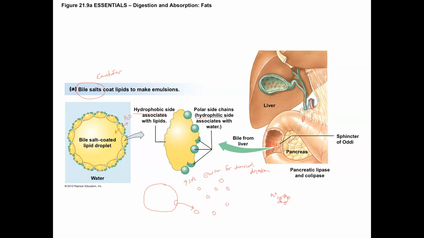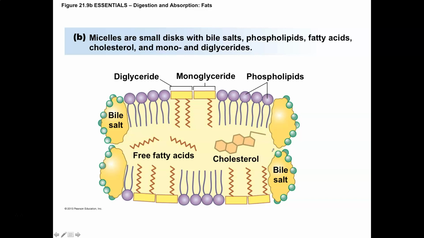And so what are we creating? Essentially what we're creating is a micelle structure. And so the micelle structure is basically how you're going to see the digestion of the fats by the lipases.